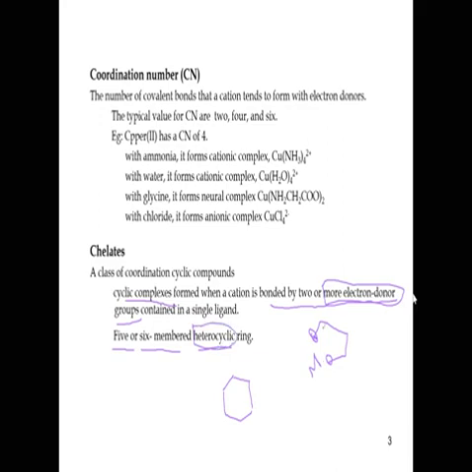Here it is completely different. Here the metal ion is there, and in the ring, this one is oxygen, this is carbon, this is carbon, this is nitrogen. So it is not homocyclic, it is heterocyclic.